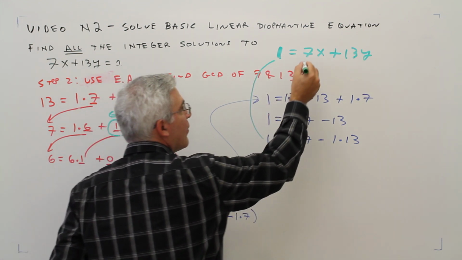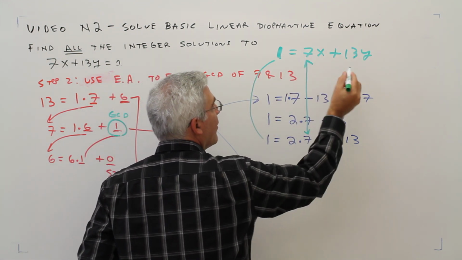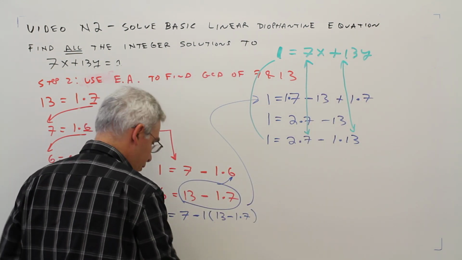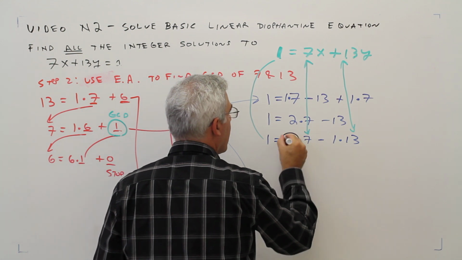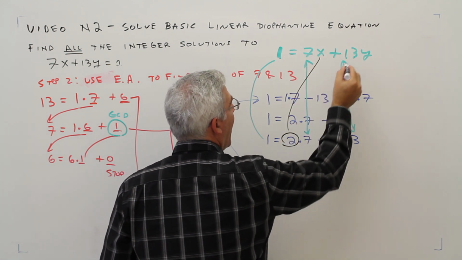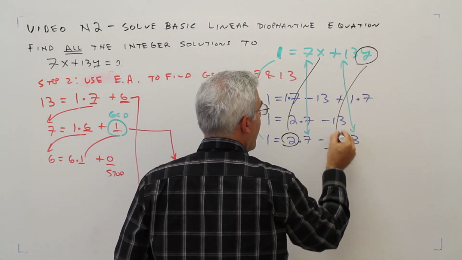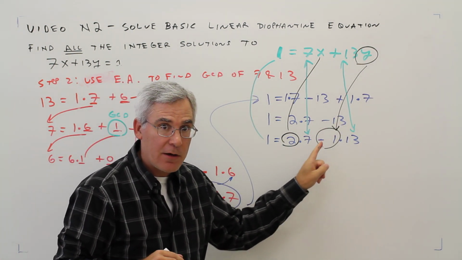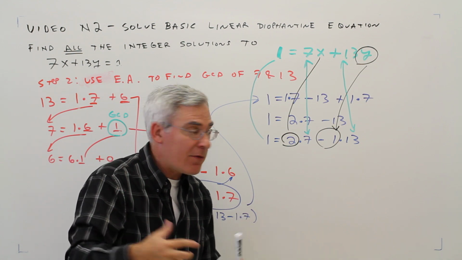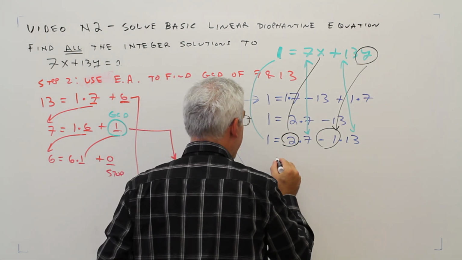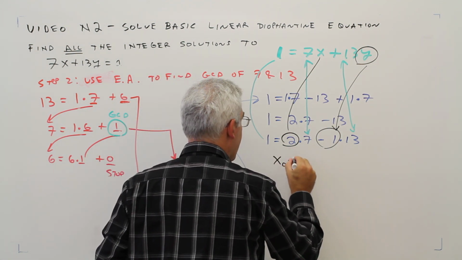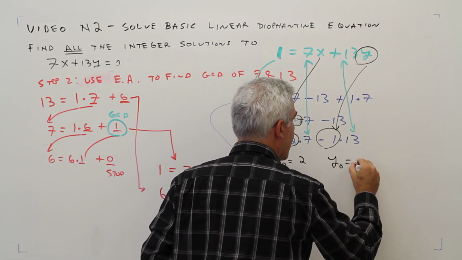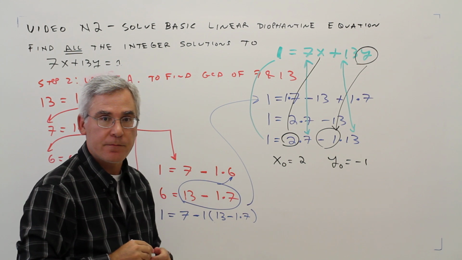I've got the 1s, I've got the 7s, and I've got the 13s, which means that this is the x and this is the y. Be careful, I circled the negative sign. So I've got a specific solution of x naught equals 2 and y naught equals negative 1.